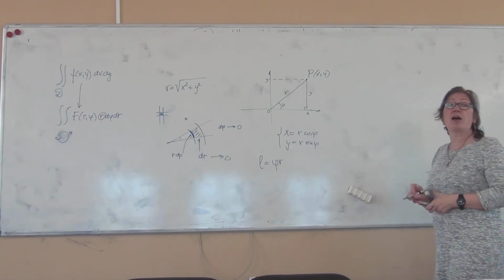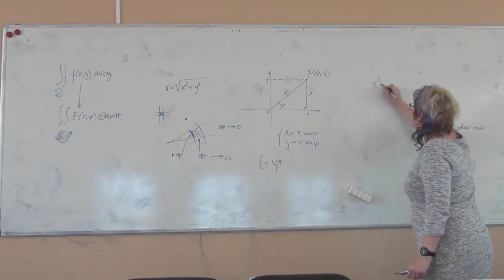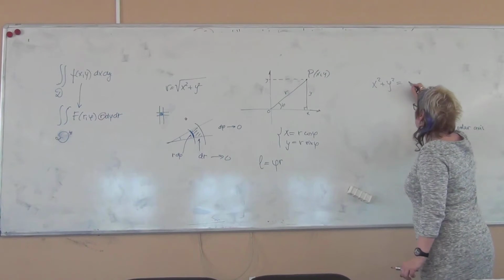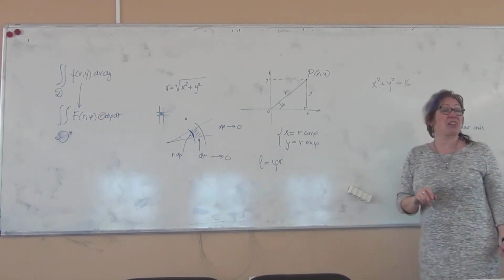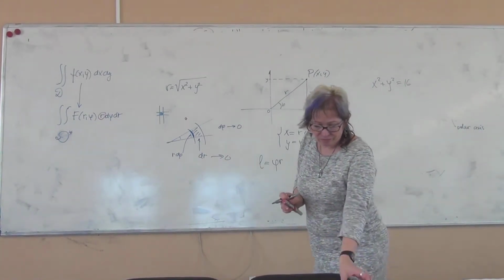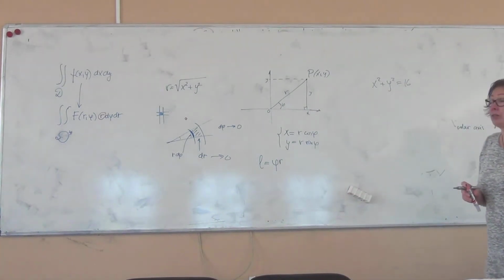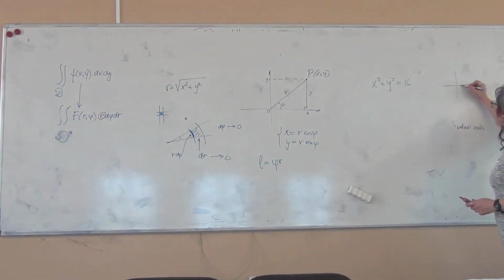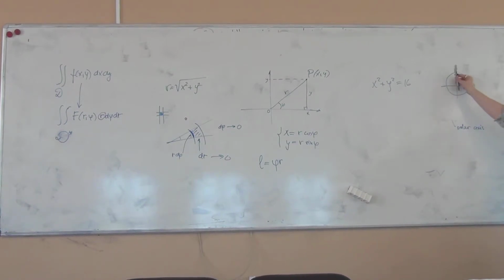So in the first example, we have x squared plus y squared equals 16, that's a circle. So that's the region of integration. In Cartesian coordinates, it looks like this, and the radius is 4. In polar coordinates, it's very simple actually. We can say that for any angle, wherever we go, the r value is the same.